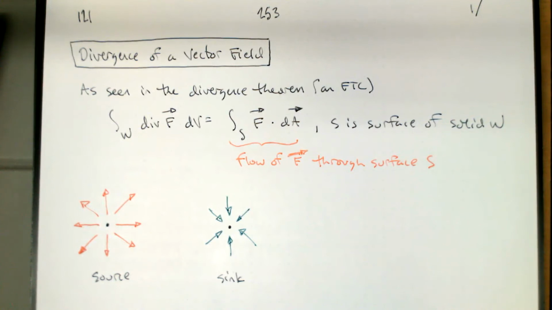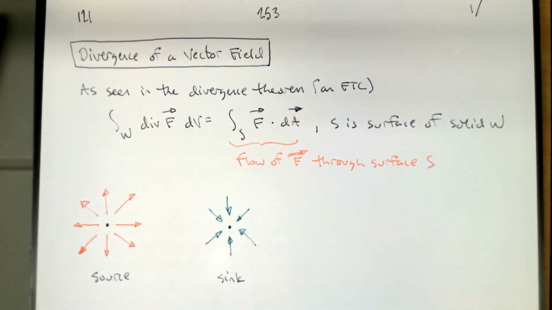Then we'll be measuring how much of the vector field is flowing through the surface near that point. Then we're just going to do our other calculus thing. Instead of looking at a small sphere, we shrink that sphere down to a point. We shrink that solid down to a point.